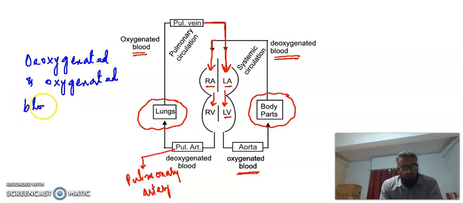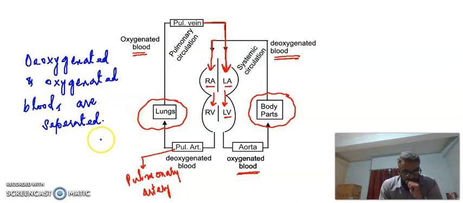In these organisms like birds, mammals, humans, these animals perform which type of circulation? They perform double circulation.